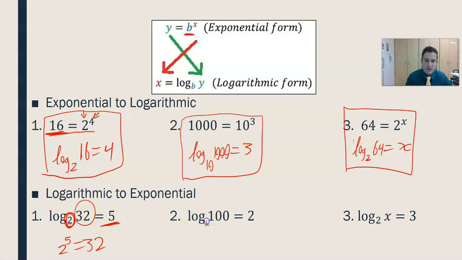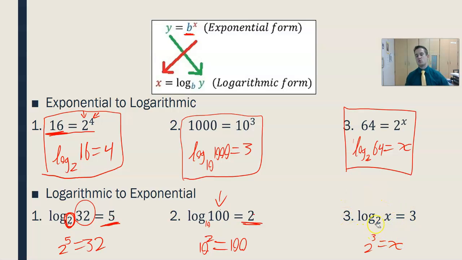Here I have log base 10 of 100 is equal to 2. So the base is 10, the exponent is 2. 10 to the 2nd power gives me 100. So base, exponent, result.